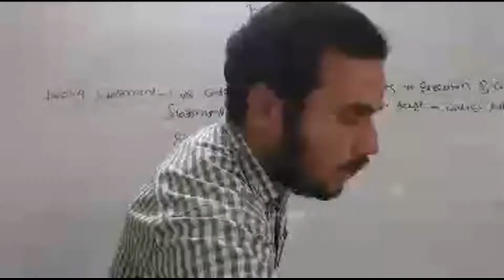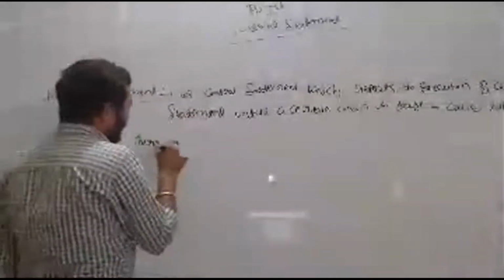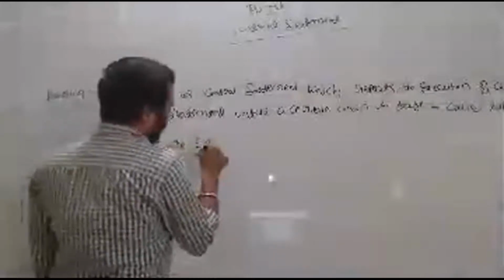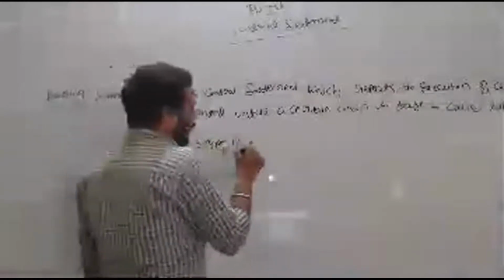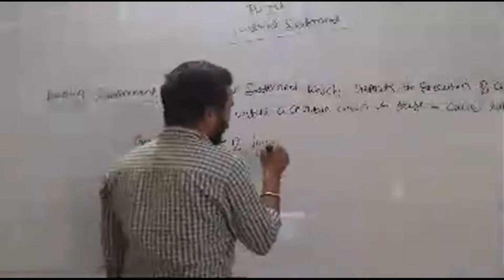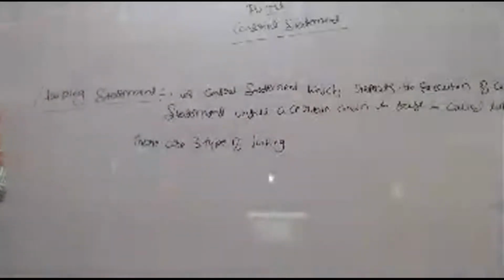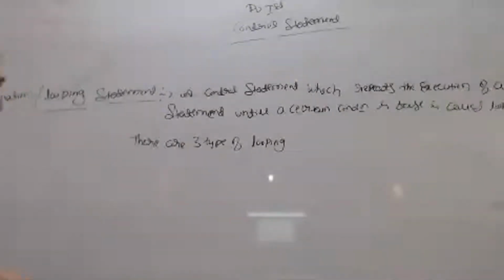Before coming to the points, there are three types of iteration statements. Looping and iteration are both the same.